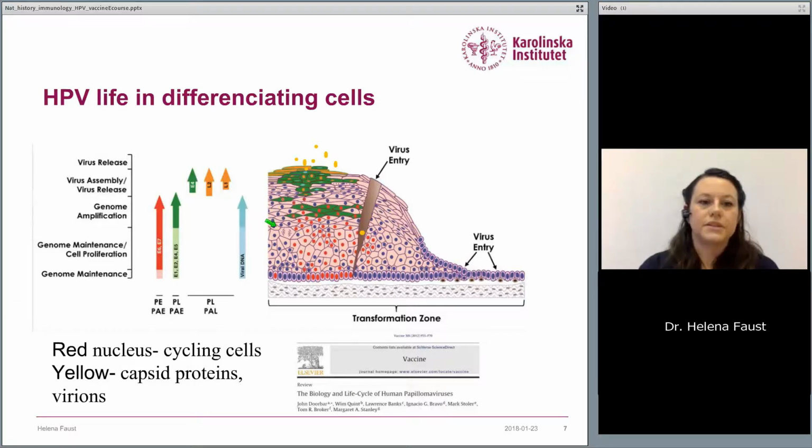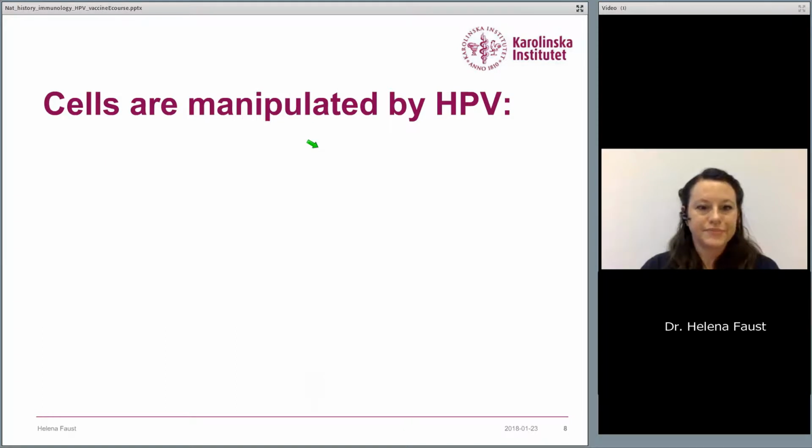For example, E6 and E7, which make cells divide. Also the replication proteins E1 and E2, which are needed for genome amplification, will be intensified here in the upper layers. In the uppermost layer there will be E4 expression and capsid protein L2 and L1 expression. Here, in the naturally dying cells, the virus particles will be released.